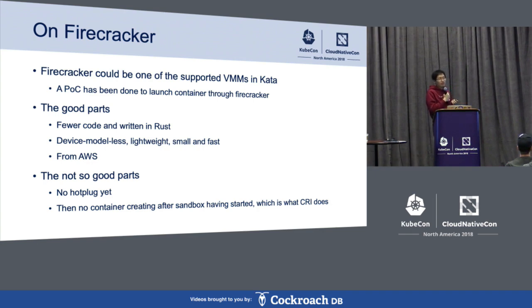That implies it's small and may launch fast, and it doesn't have a device model, so it's lightweight, and also it's from AWS. That means that when it's born, it has a large user set, which helps it become mature. That's the good part. The not so good part is that for Firecracker, there's no hot plug yet.